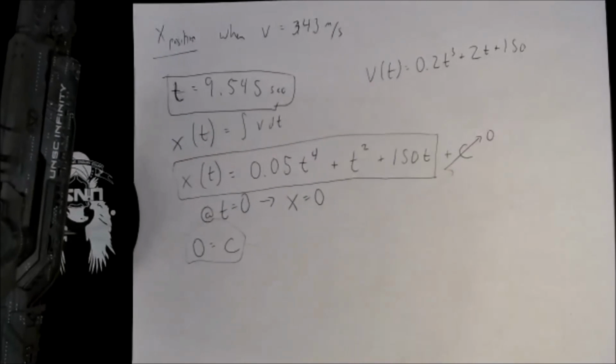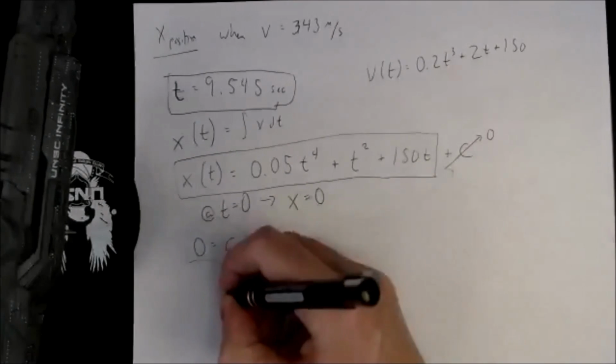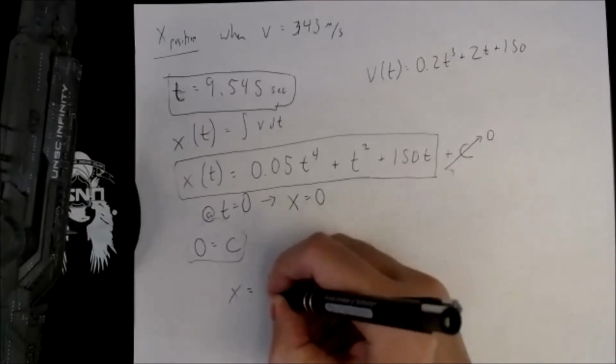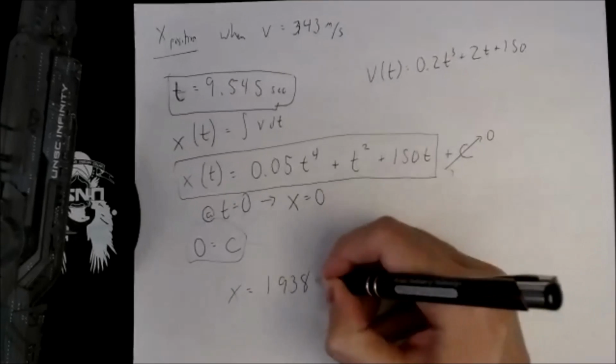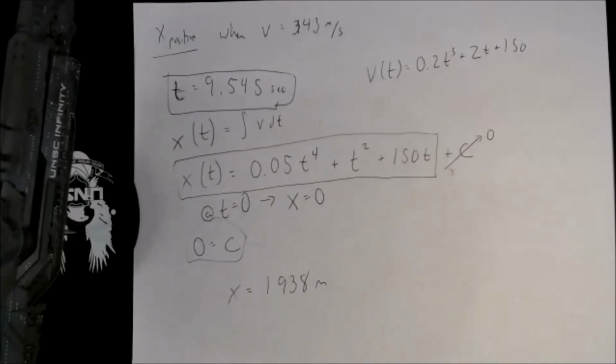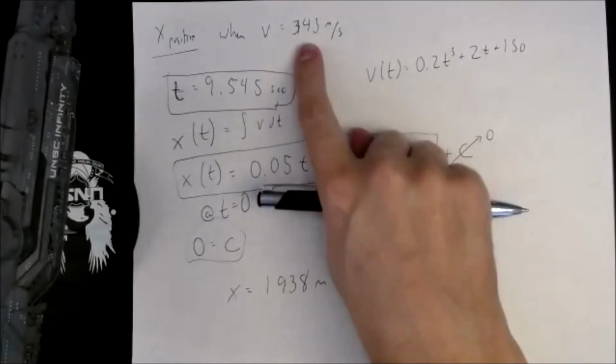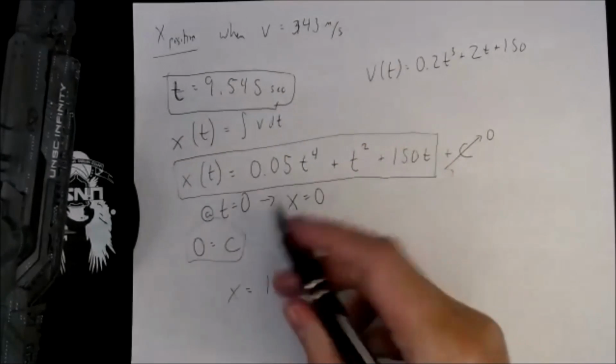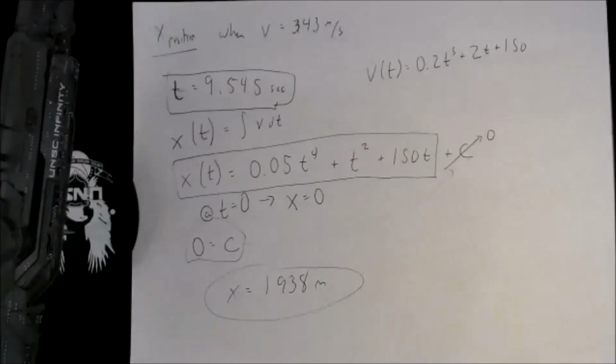The slide says that the answer is that x will be equal to 1938 meters. So when you have that velocity, you have that time, and when you plug that time in, you have this as your position.